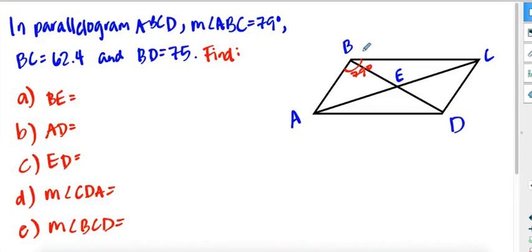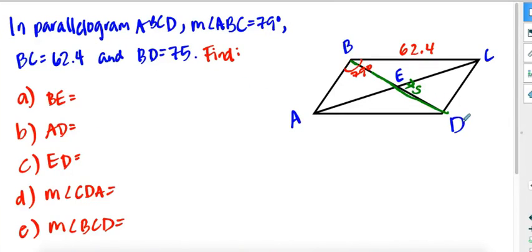B to C, this length is 62.4. And B to D is 75. I'll put that in another color. B to D is 75. All right.